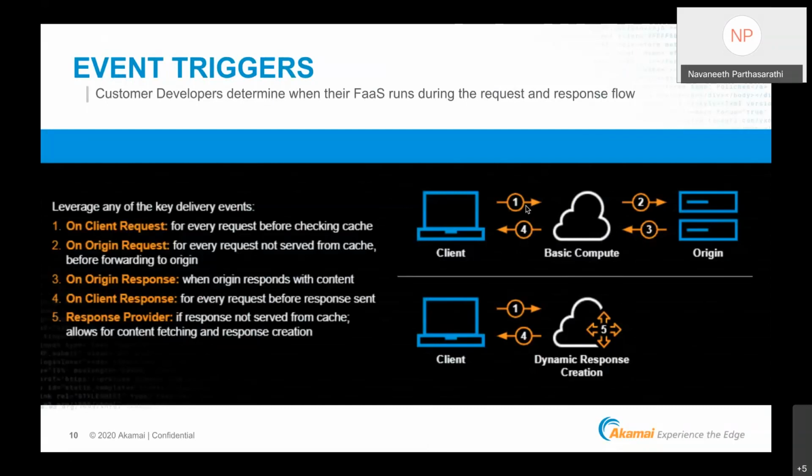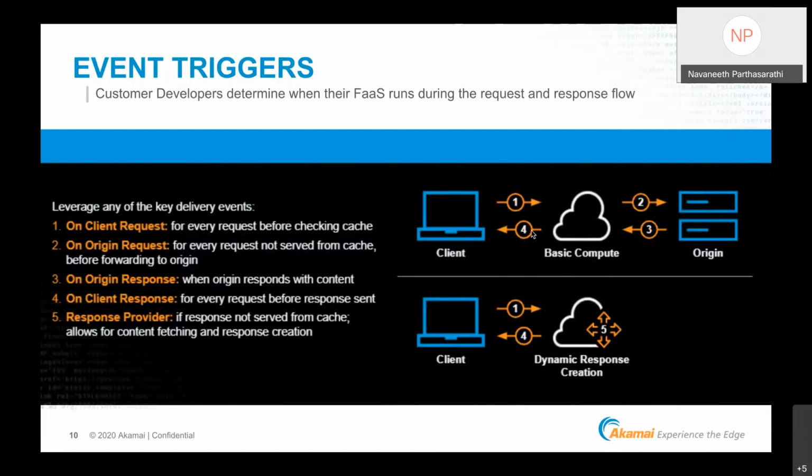And if the platform is requesting that back to the origin, again it can be executed. Similarly, when there is a response based on the response header from the origin, this can be executed. And lastly, from the Akamai platform to the client response, the EdgeWorker script can be executed.